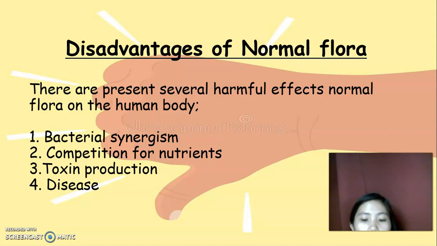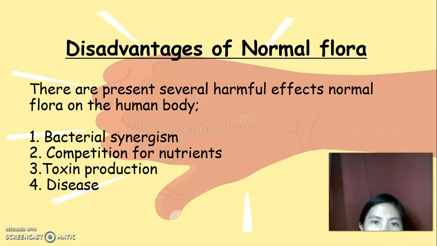A few normal flora supply vitamins and nutrients to pathogens for growing and surviving, which is known as cross-feeding between microbes. For example, during treatment of penicillin resistant bacteria, a component of normal flora shares its drug resistance properties with pathogens that are otherwise susceptible to the drug.